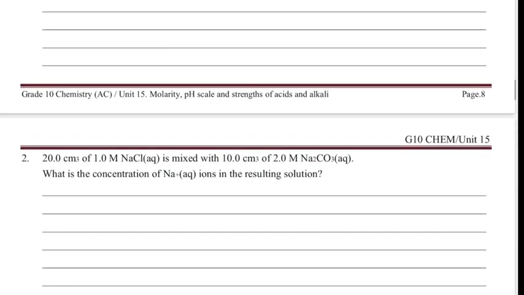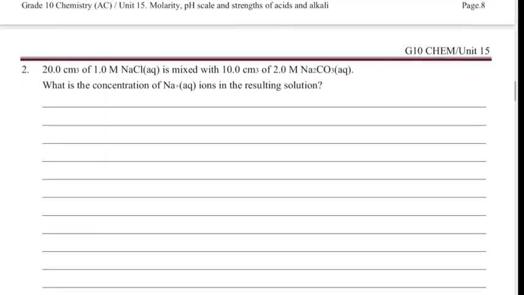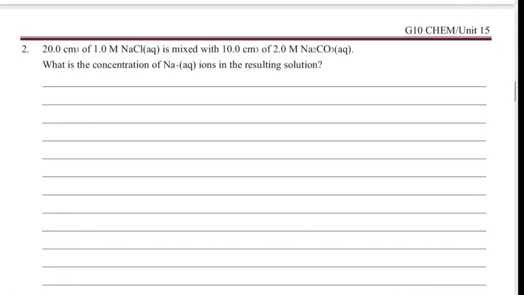And then let's move on to question 2. We have 20 cm³ of 1 molar sodium chloride mixed with 10 cm³ of 2 molar sodium carbonate. Here I want you to pay special attention. For sodium carbonate, you can see a subscript after sodium.